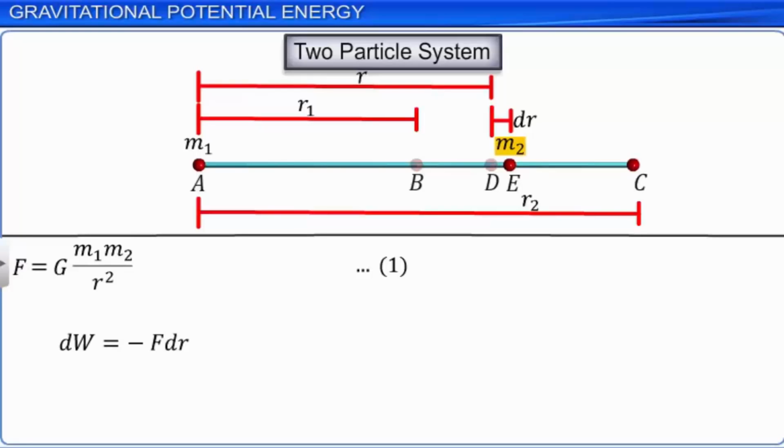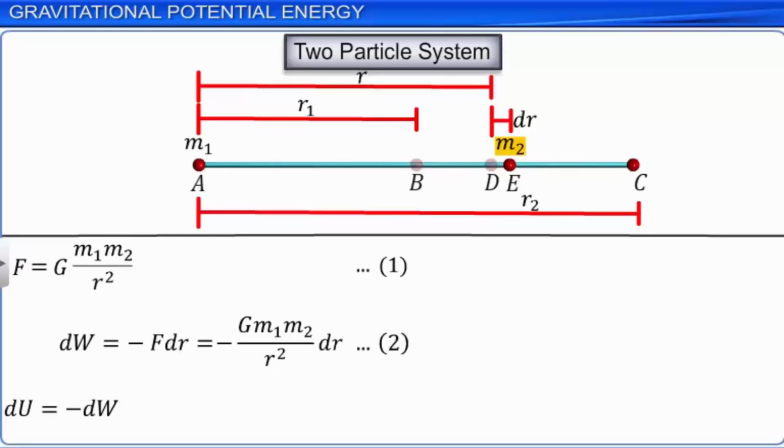The negative sign in the equation is due to the fact that the direction of the displacement is opposite to that of the force. By definition, the negative work done on the second particle is equal to the change in gravitational potential energy of the two-particle system during this small displacement. Thus, f dr is equal to G m1 m2 divided by r square into dr. Let this expression be equation 3.